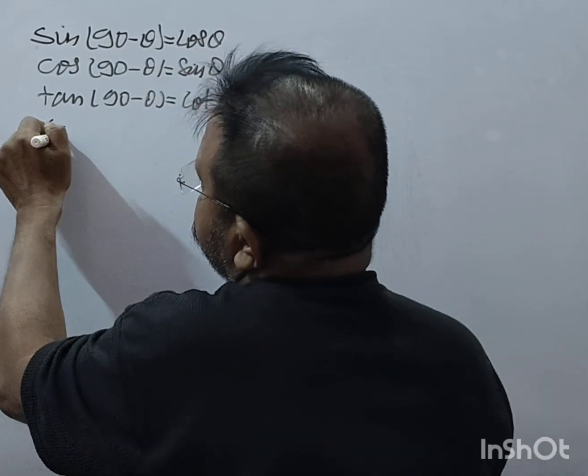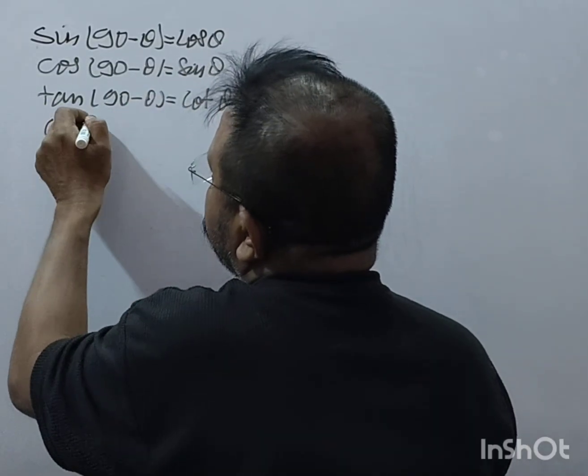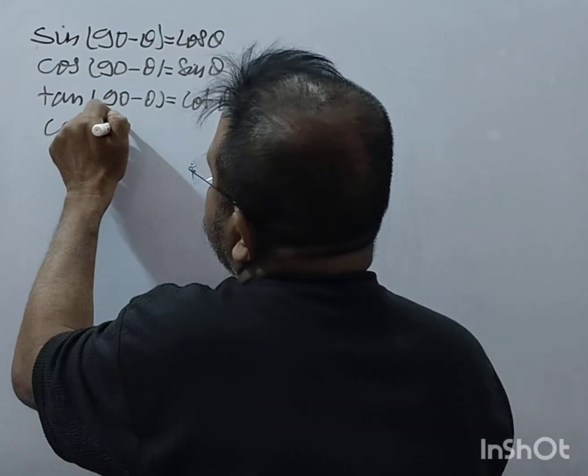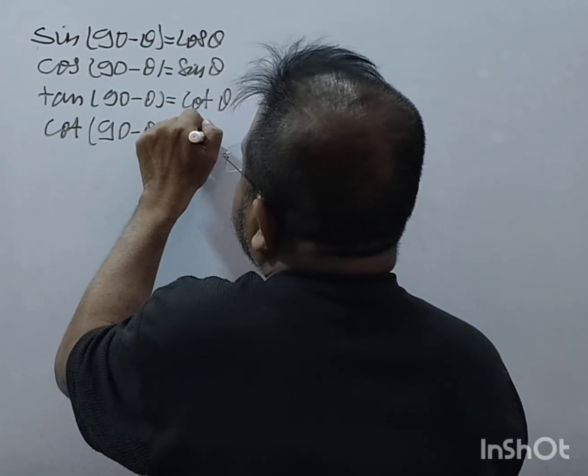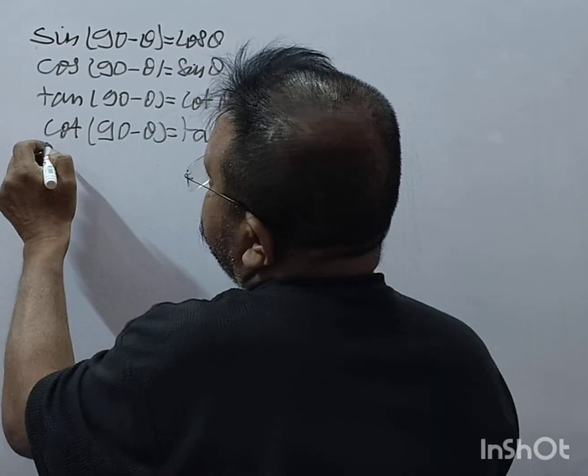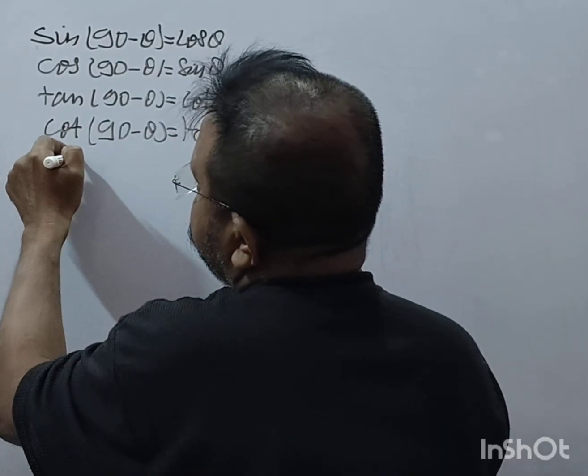Cot 90 minus theta is equal to tan theta.